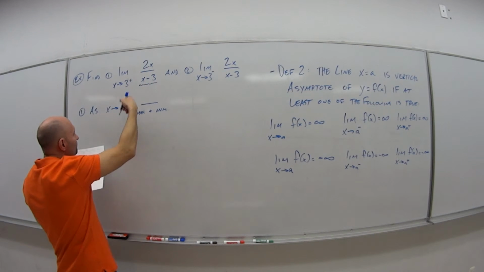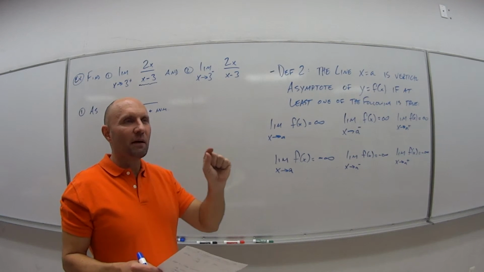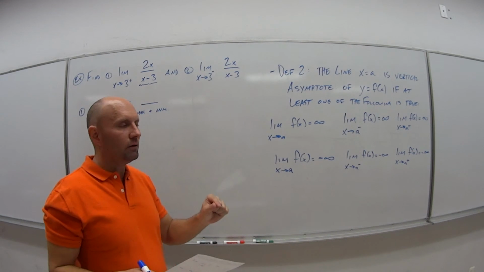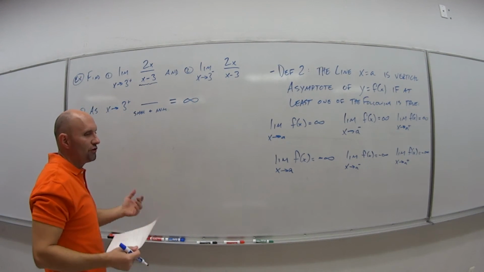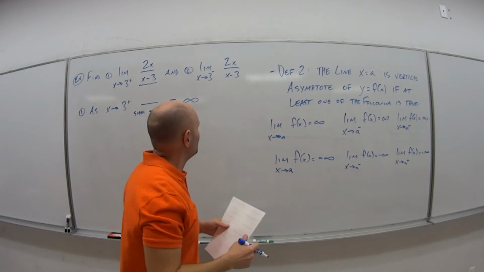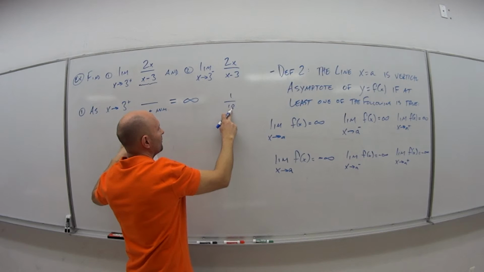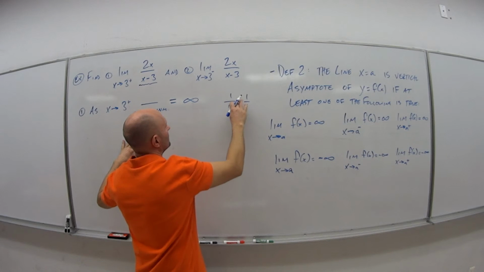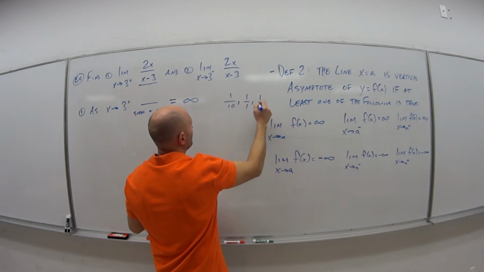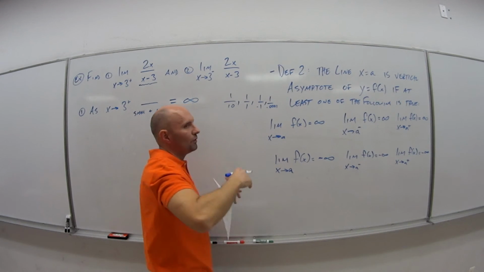The top is roughly 2 times 3, about, but we're concerned with the denominator. As the denominator gets really, really little, what happens to this whole thing? Well, this whole thing approaches infinity, right? So just think about it. If I have 1 over 10, a small number, and now start making the denominator smaller and smaller. 1 over 1, bigger number. 1 over 0.1, bigger number. 1 over 0.0001, really big number.